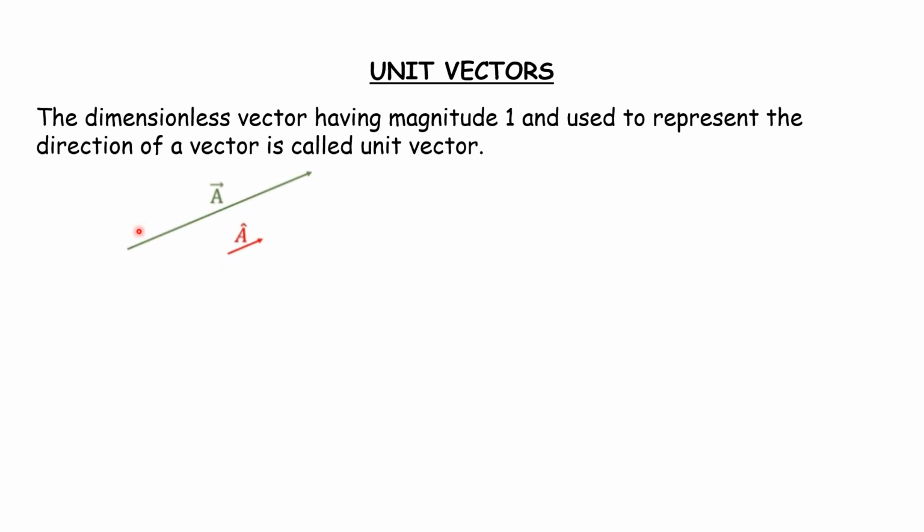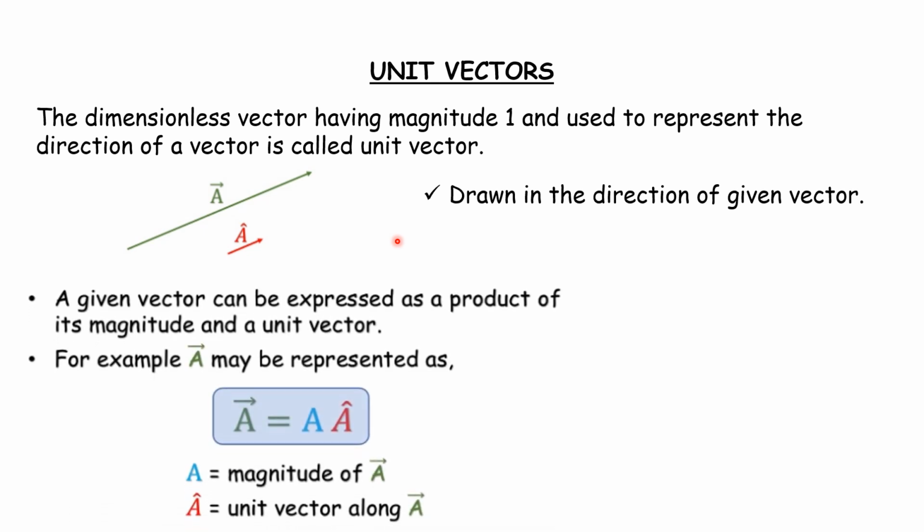So let's suppose I have any vector A. The vector A is represented with the arrowhead, but the unit vector which is used to represent the direction of this vector is represented by the cap over this vector, and it will be drawn in the same direction as the given vector. Now we know that a vector is a product of magnitude and direction.